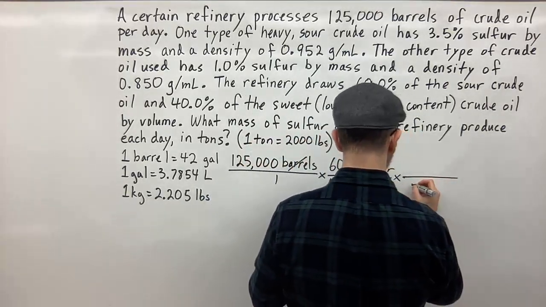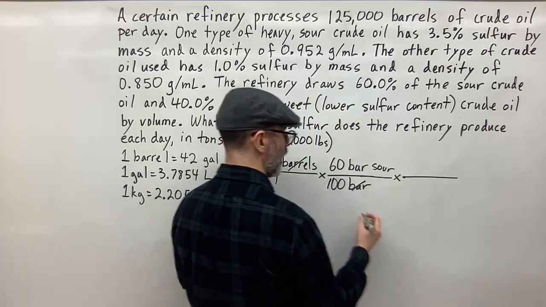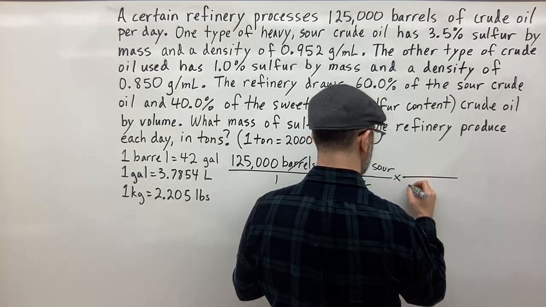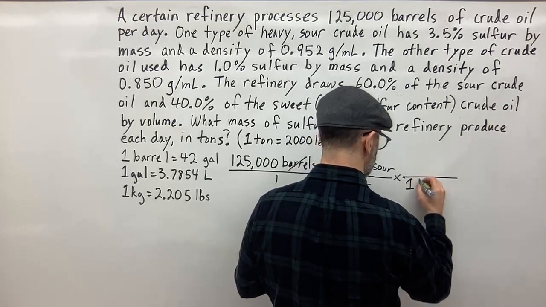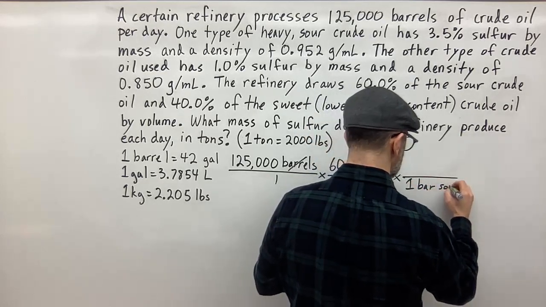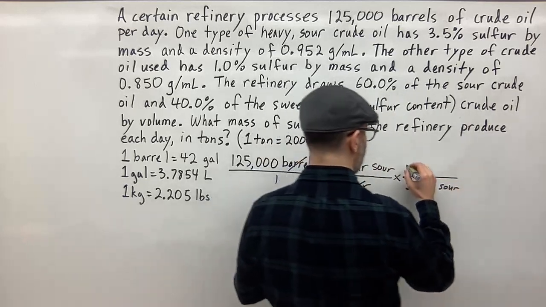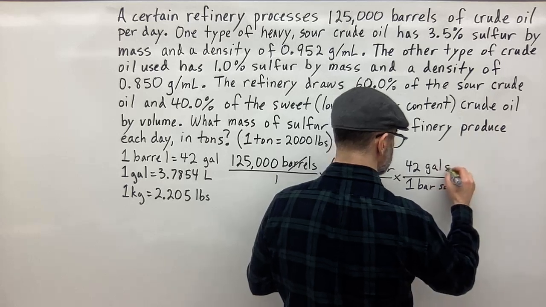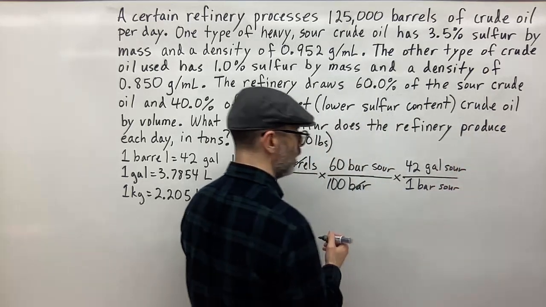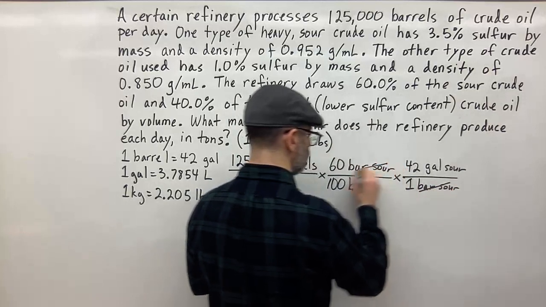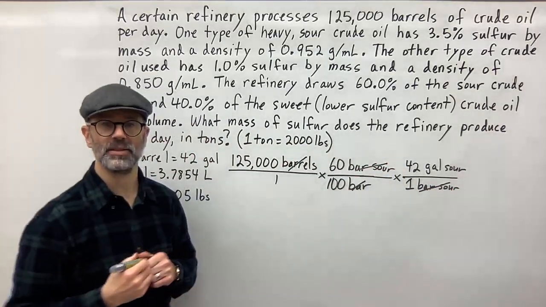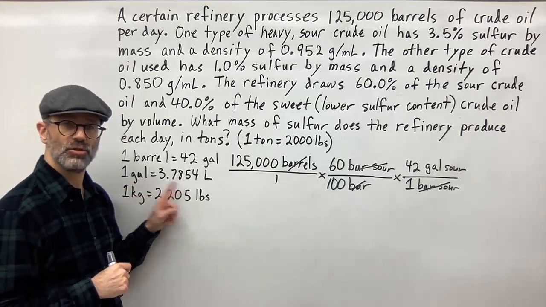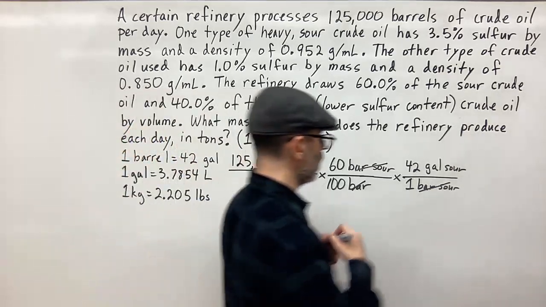Since we have barrels on the bottom of sour, we're going to put 1 barrel of sour on the bottom, and we're going to put 42 gallons of sour on the top. So barrels of sour cancel out. Now we have gallons, and so we can now convert gallons to liters using this conversion. So we're going to go ahead and do that.